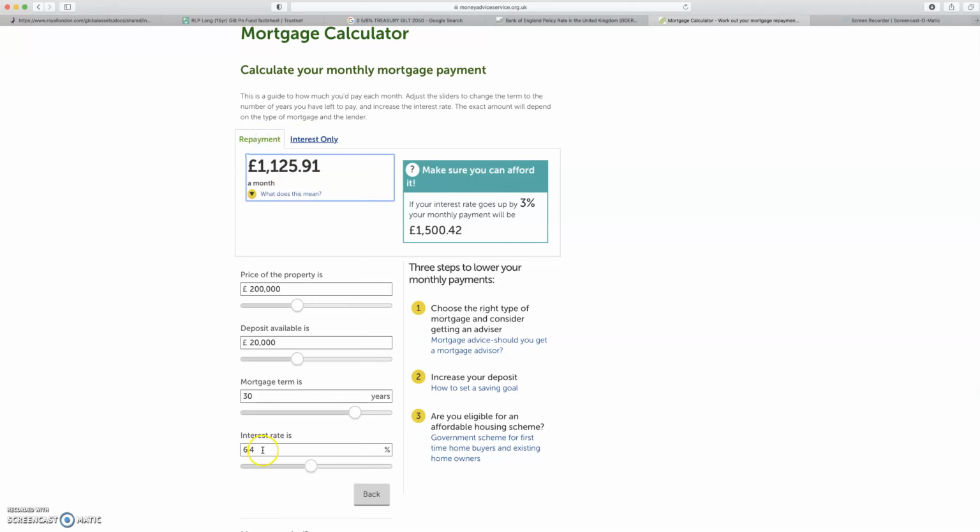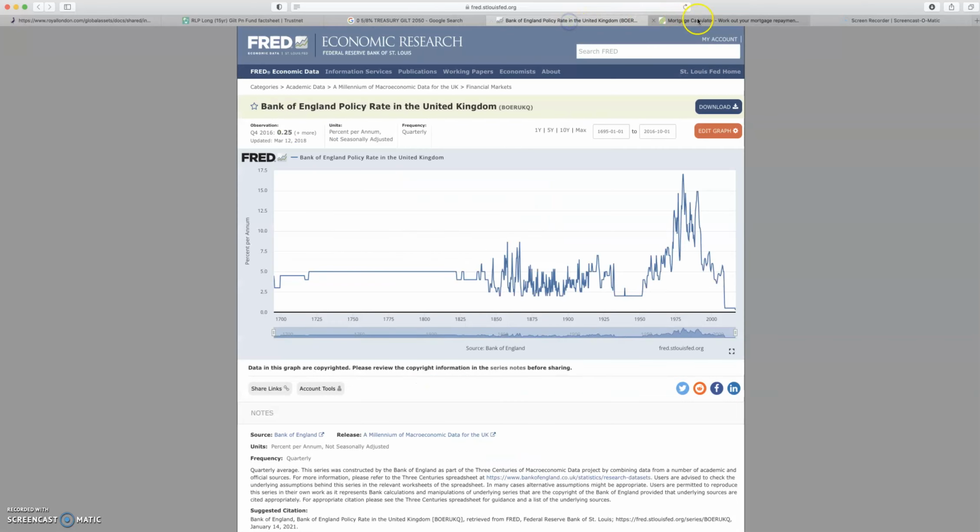Now, lastly, I just want to show you. So this is our original. So again, 0.1% plus 3.4% bank fee, and £808 a month in total, including interest of £525 a month. Now, if we return to our historic norm, the historic norm over the last 320 years of 6%, right? Bear in mind we're at 0.1% right now.